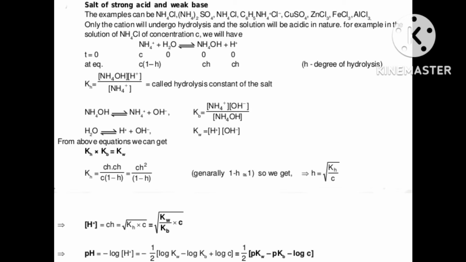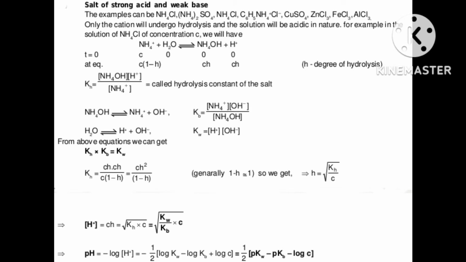Then what will remain? Kb value is given. Then Kb is equal to C alpha square will remain, means 0.05 alpha square will remain, and the Kb value is given, 1.77 into 10 to the power minus 6.